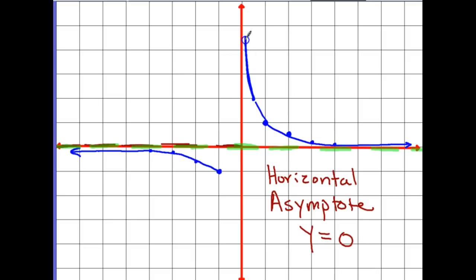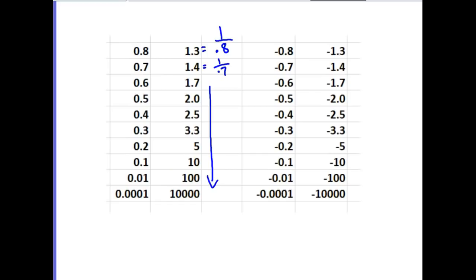This is going to curve closer and closer to 0. It's going to do the same thing down here. It's going to get closer and closer to 0, but it's never going to actually touch 0. You can see as the x values get smaller, these y values get bigger and bigger and bigger.